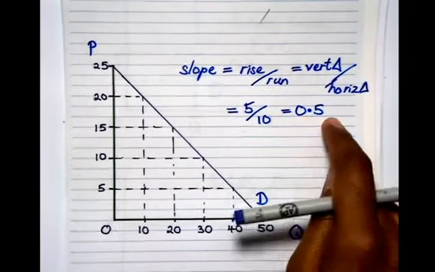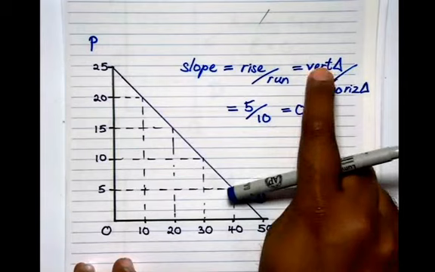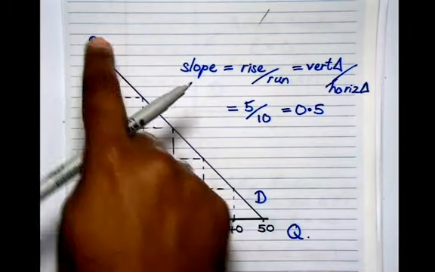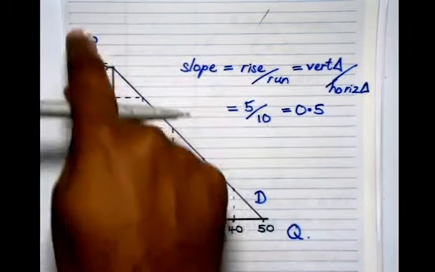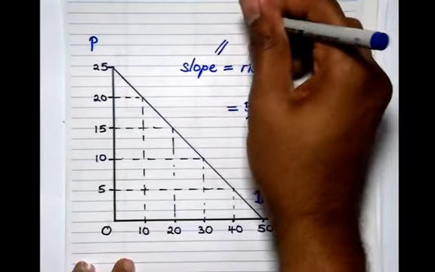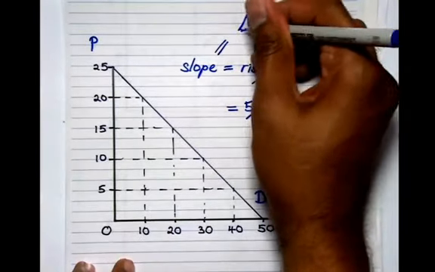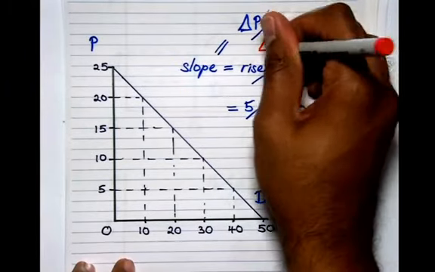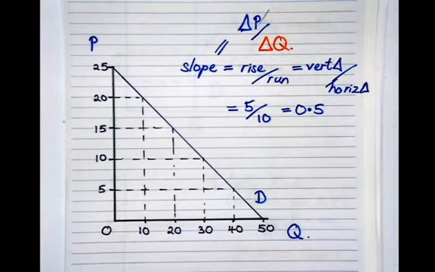So the slope is 0.5. So how do you calculate the slope? Vertical change over horizontal change. So in general, the vertical is price, and the horizontal is quantity. Yeah?